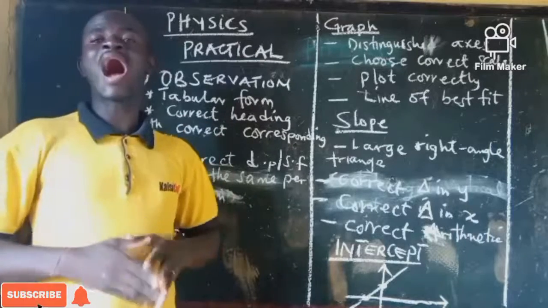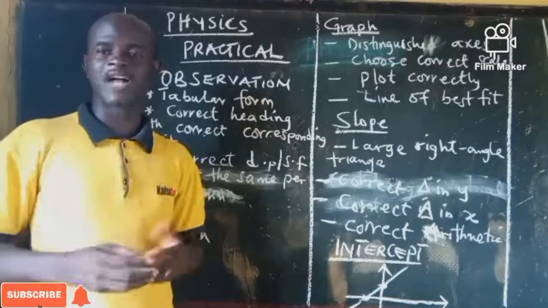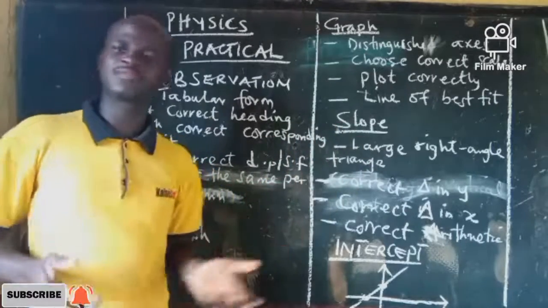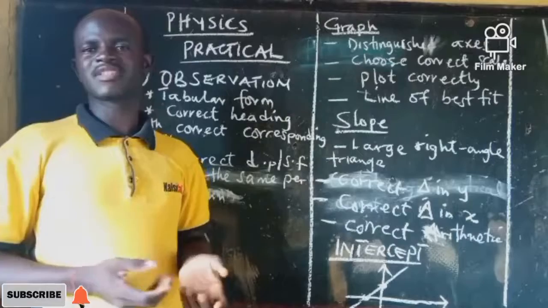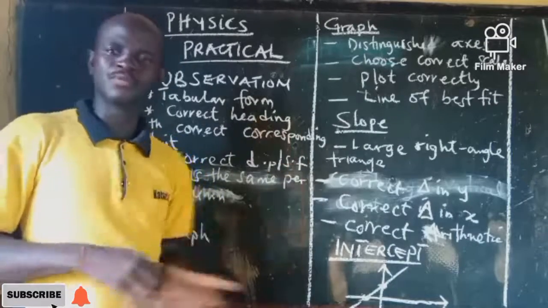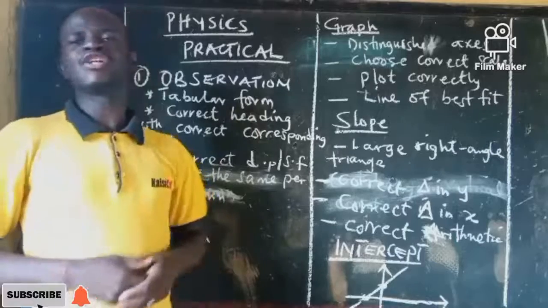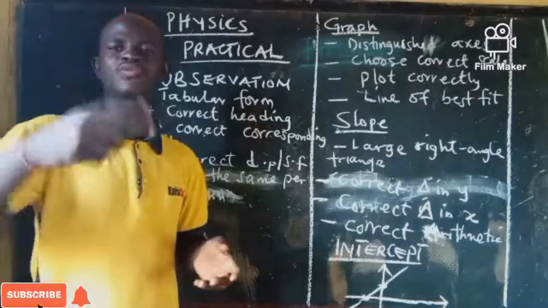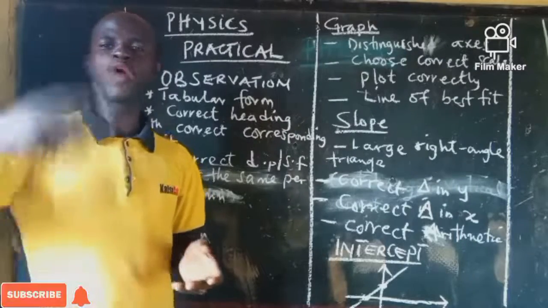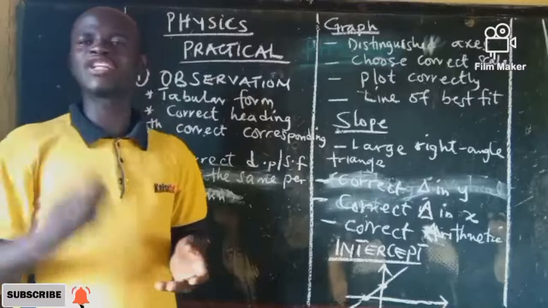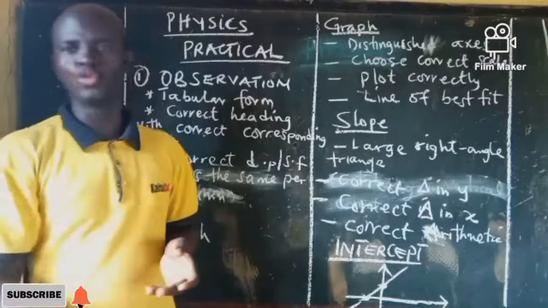Another factor that will determine how to place your decimal is the operation that you have performed on your table. For instance, you are asked to evaluate T square, square of a period, and the T that you have already obtained is just 2.